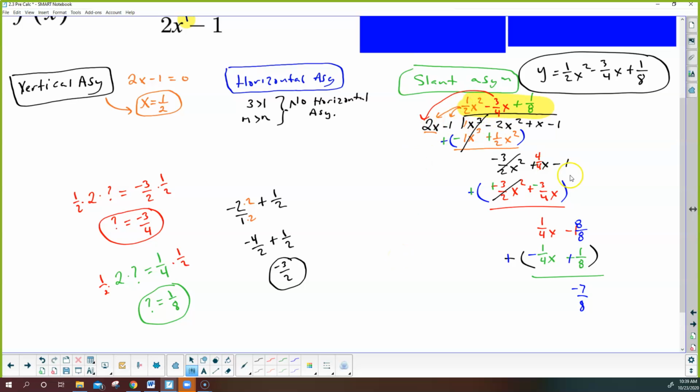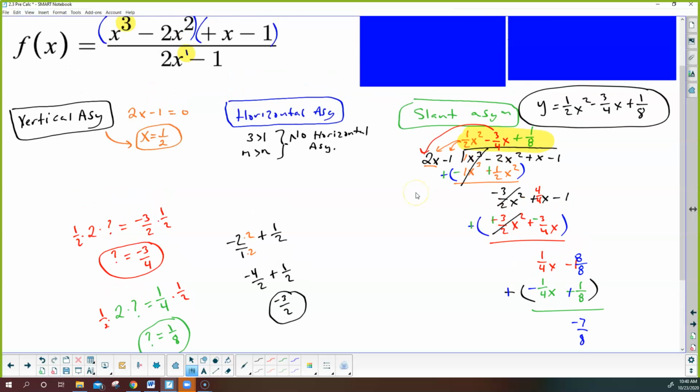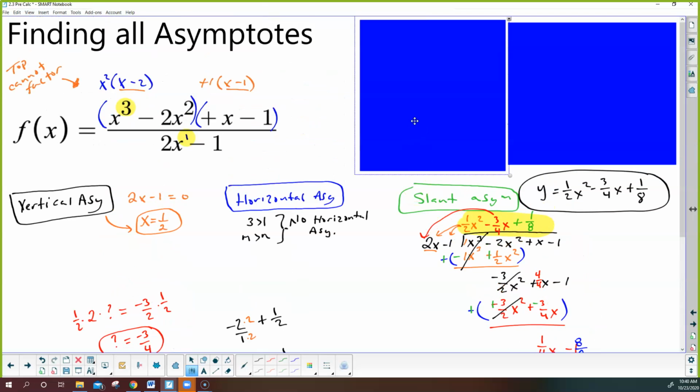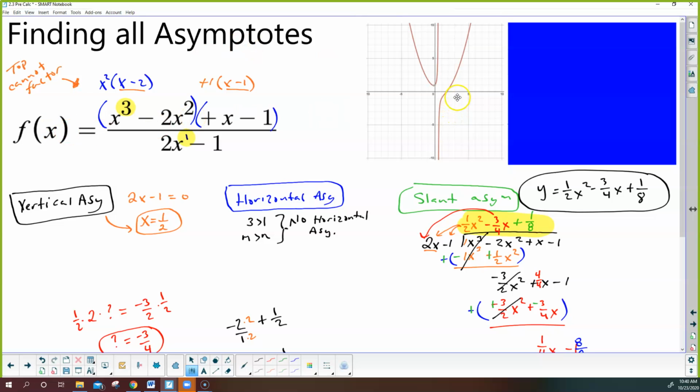Okay, so long division is what gave us the slant asymptote equation. Let me just show you what that looks like. If I was to graph the original function, it looks like this. Now you can see there's a vertical asymptote right here at 1/2. You can see there's no horizontal asymptotes, but then there's something kind of interesting.